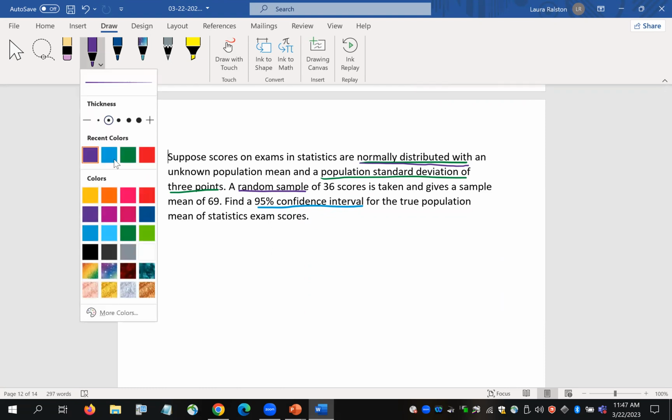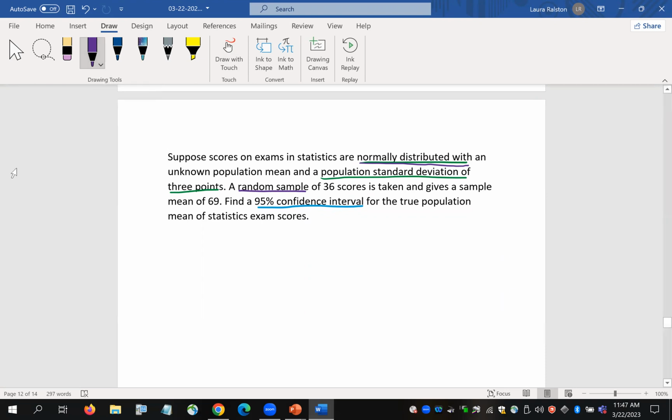What might not be as obvious, and again, at this point it doesn't have to be because it's the only one we've talked about, but the first thing you might really have to decide is, are you going to do a Z, a T, or a proportion? Now, we haven't talked about all three of those yet, so we only have one option.